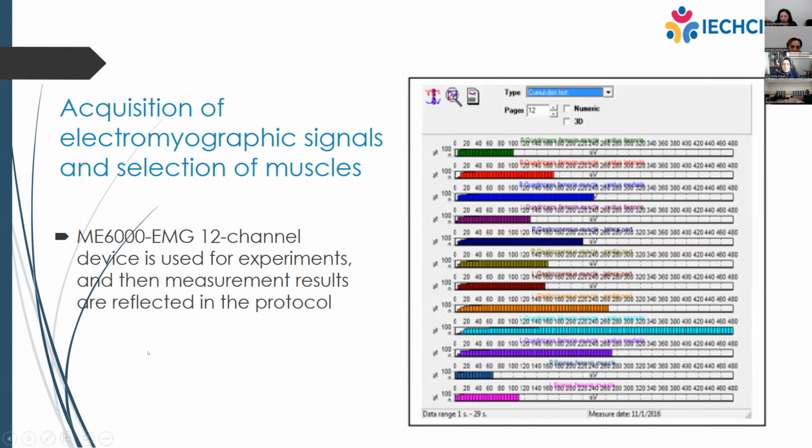The acquisition of this type of signals, biomedical and especially electromyographic signals, is realized applying myographs, different types of myographs used in clinics and hospitals: 2 channels, 6, 8, and 12. I used a 12-channel electromyograph, and in this figure you see the result from the electromyographic device.